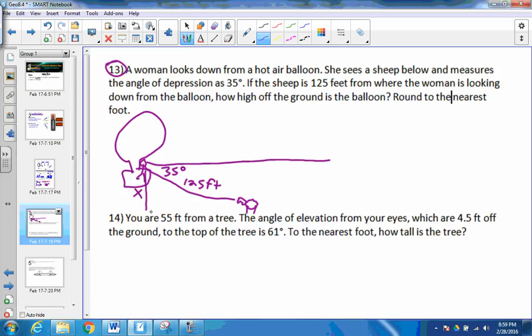But in order to do that, this is our triangle, we need to have the angle that's inside of that triangle. So this would be 90 minus 35, so that would be 55 degrees, sorry. So this is the important angle, the 55-degree angle. But we're only given the angle of depression, so that would be the 35 right there.